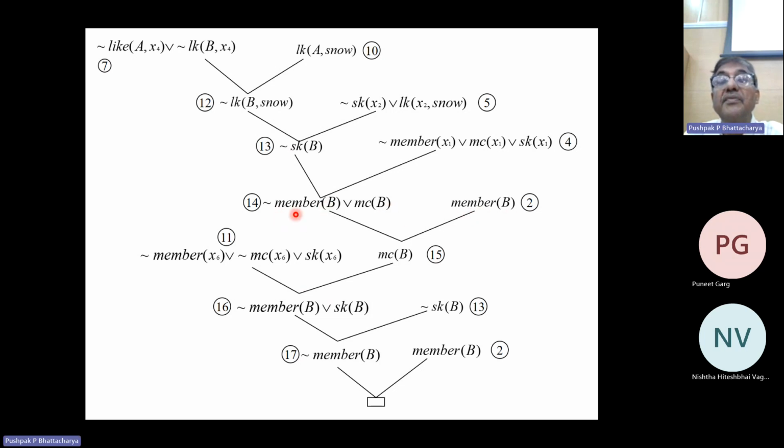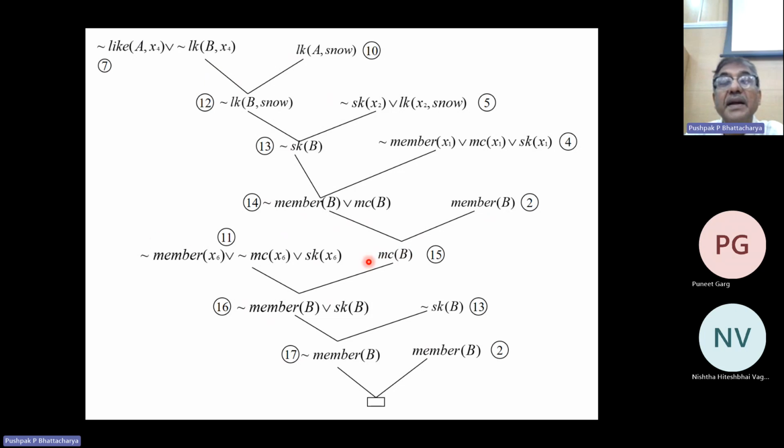Now I'm looking for an appropriate formula to resolve with. So not member B and MC B is resolved with member B. So member B and not member B cancel, giving rise to mountain climber B.